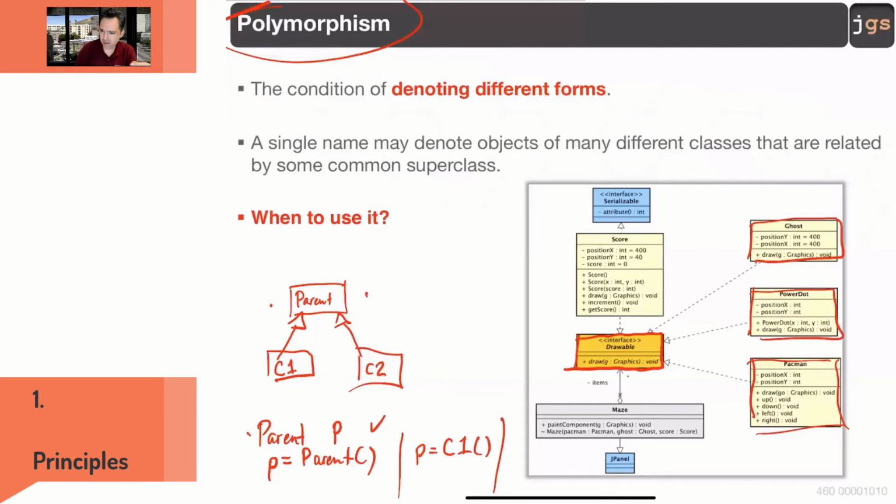We use this in our Pac-Man. If you remember, we have this ghost and the Pac-Man and even the power pill. And what we did is to put a common parent to all of them. What we did is to create this family. And we define the parent, and we have the child. The power of this is for the maze. The only thing that we did is to create an array of drawables.